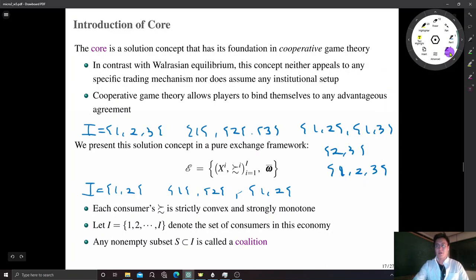Okay, so the set I, so the set of whole consumers, if they make a coalition, we say it's a grand coalition. Okay. So with that definition, now let me illustrate cooperative game theory.